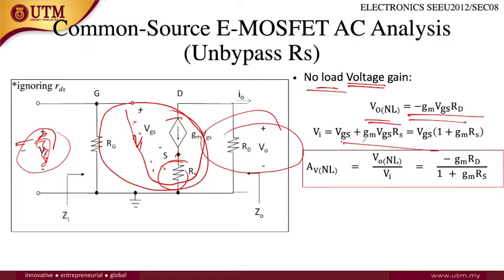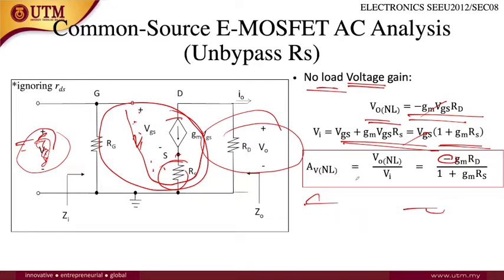You can rearrange the equation and factorize the VGS. So VO no load over VI, because VGS can be cancelled, gives minus gm RD over 1 plus gm RS. The minus here means there is a phase inversion, where the input wave is different from the output wave.